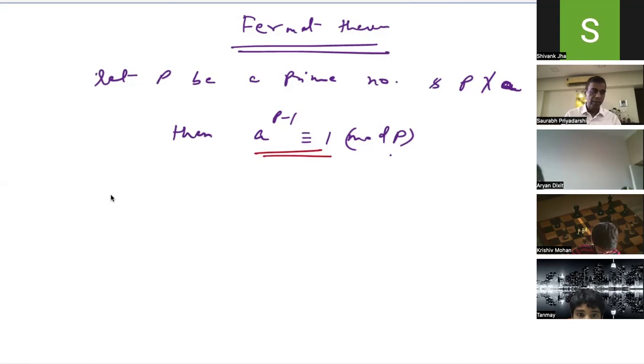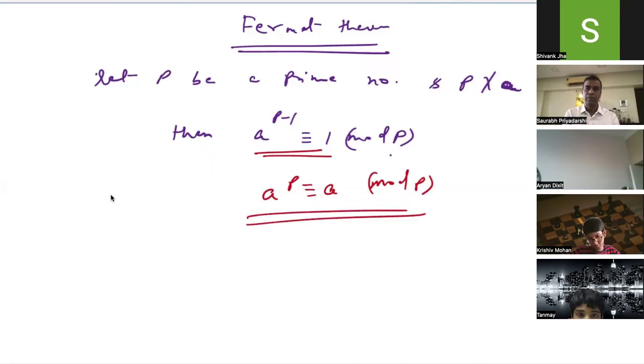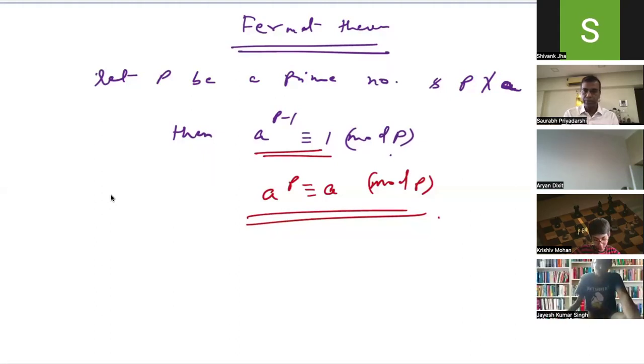Then we have to find exactly A to the power P minus 1 congruent to 1, or A to the power P congruent to A mod P. And this, we have already proved. याद होगा सभी को, right? But there are some restrictions on that. That's the reason Euler gave the formula for this.